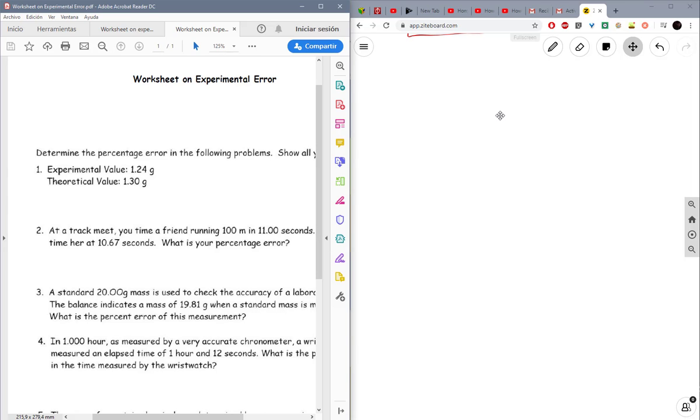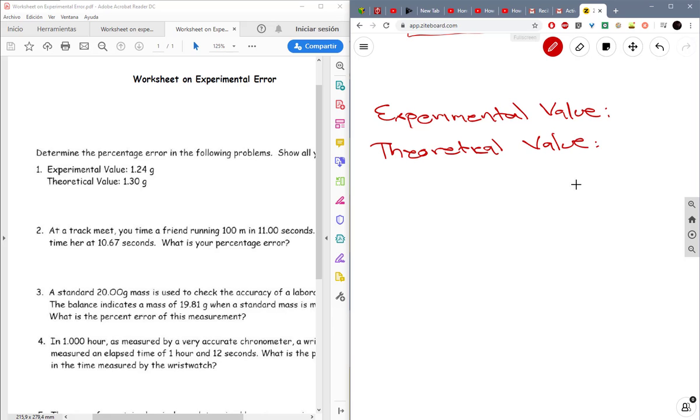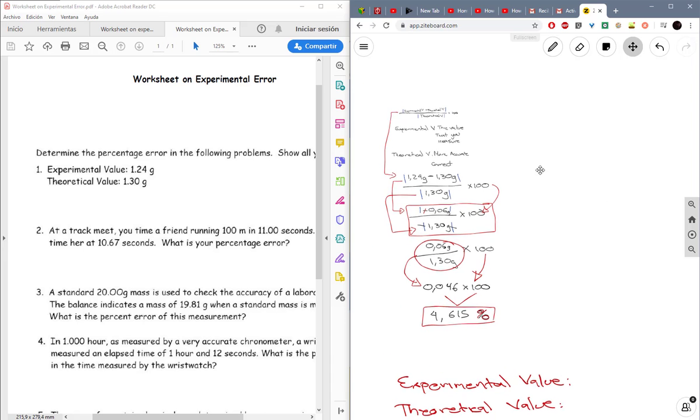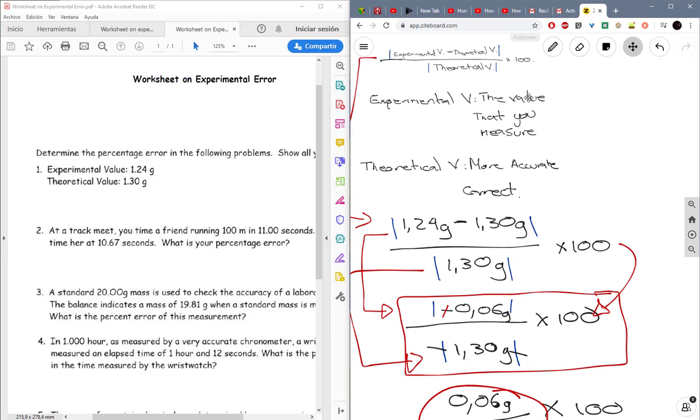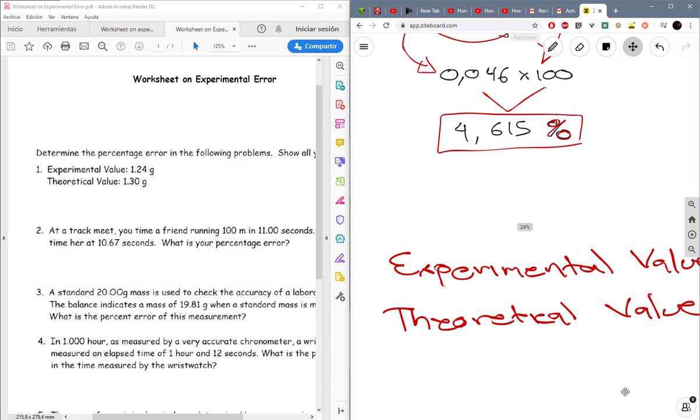So we have to identify what is the experimental value and the theoretical value. Okay, so remember, the experimental value is the one that you measure, and the theoretical value is more accurate, more precise, closer to what is correct. So let's think about that.